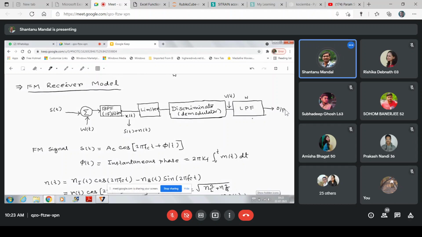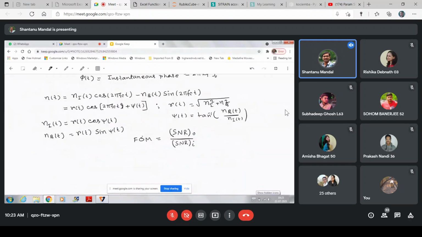So now to determine the output noise power, the output SNR. In case of output SNR, we have to write down x(t), which is the input of the demodulator. x(t) equals s(t) plus n(t).